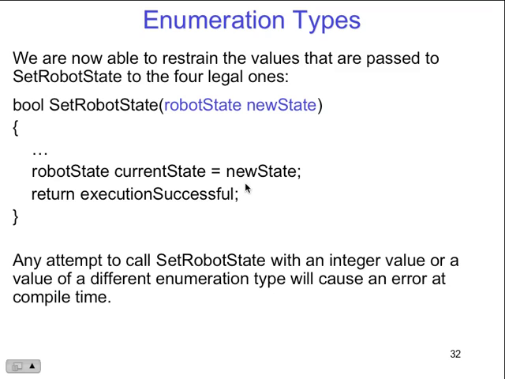So now we can put a little control on it, and we can make it so that the compiler can type check, because we have a valid type now. So if we said integer i, float f, double d, and we said i is equal to d, the compiler can come back and say, hey, type mismatch. You can't do that. So if we said set robostate, robostate is our type now.